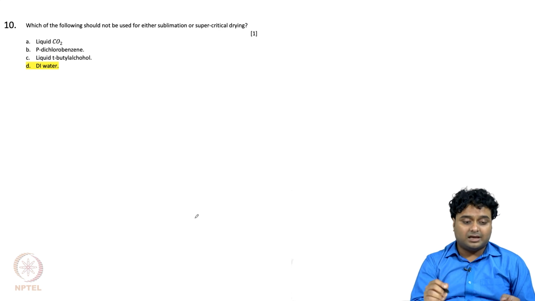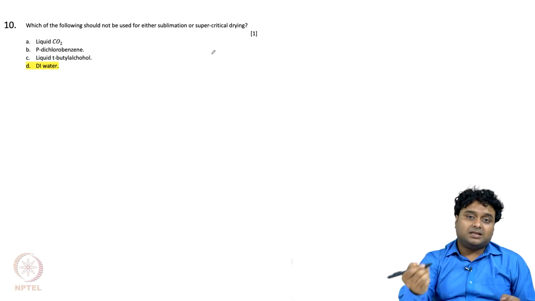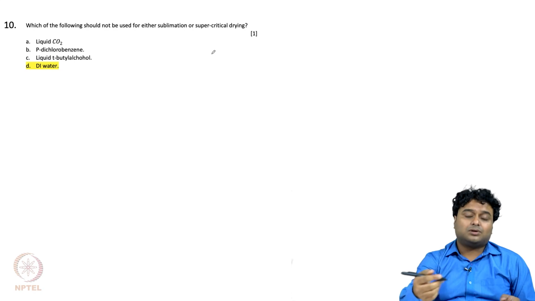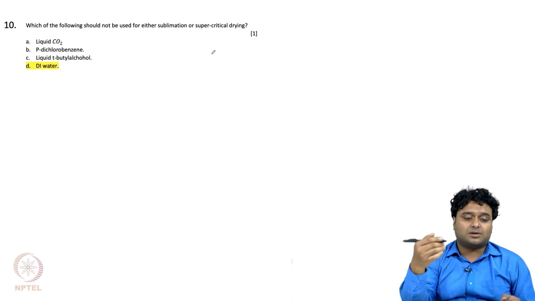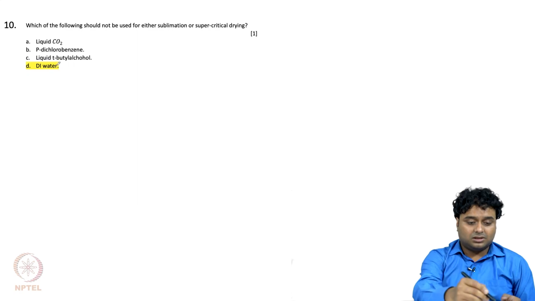You need to be very careful, because I think some of you were confused that DI water is also used for sublimation and supercritical drying, which is not true. DI water comes from the etching steps before. We start with DI water because the sample was already inside it. Now our goal is to use sublimation or supercritical drying or some other technique so that it will not get stuck. So this is the correct answer.